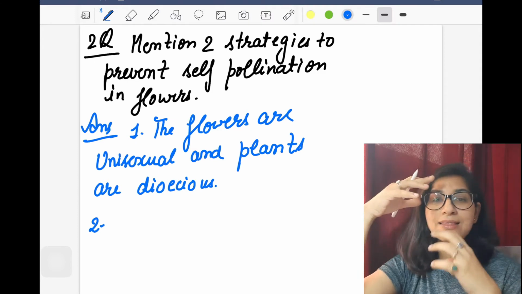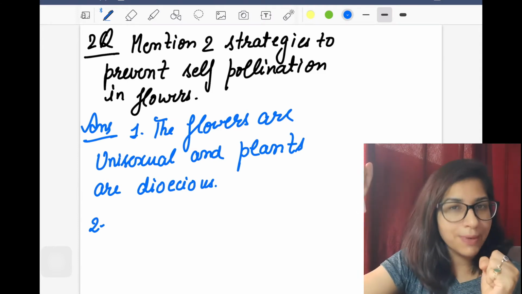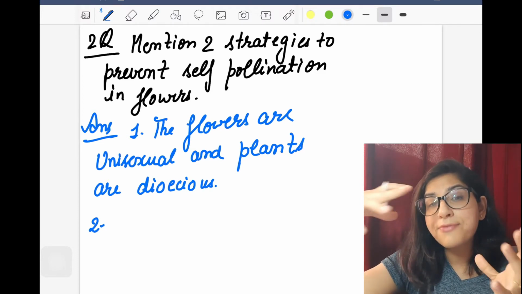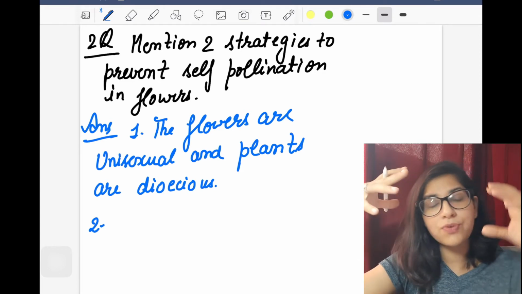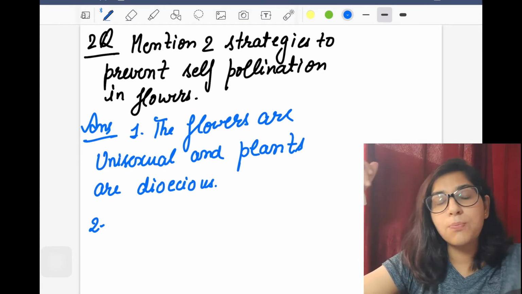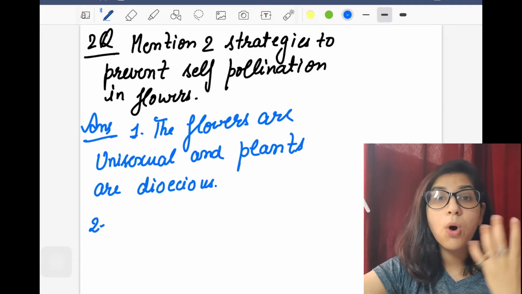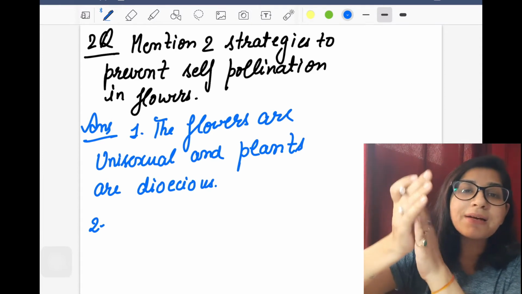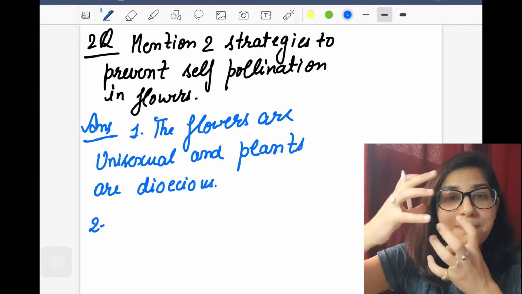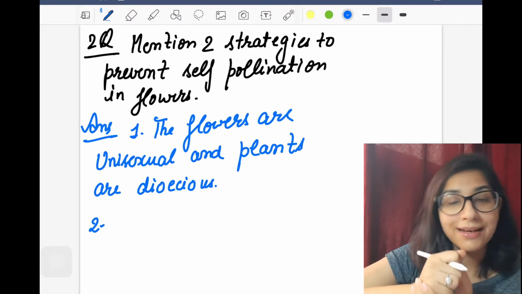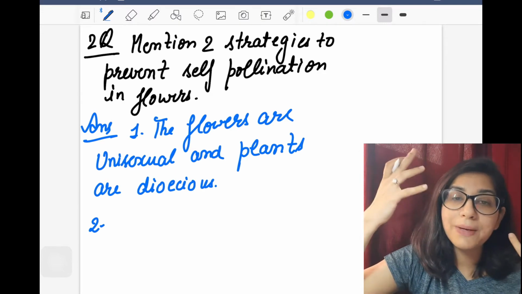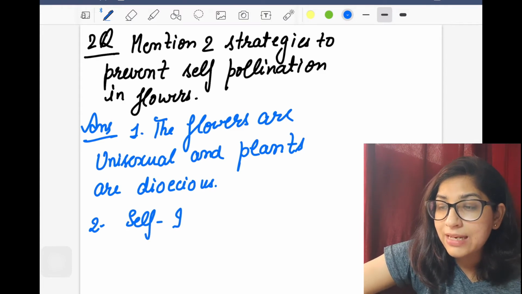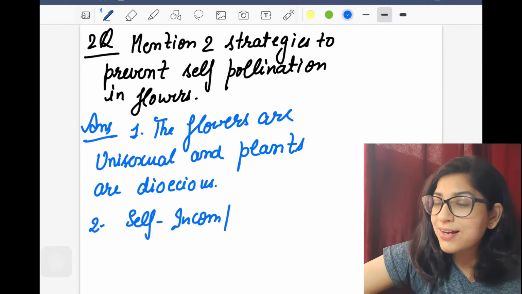Second, see, the anther has to reach the stigma. I told you very initially also that if there is no match between the maturation, suppose it is late, both are not maturing at the same time, or the anther which is released is not compatible with the stigma. Compatibility means that they do not match. If it is not compatible with the stigma, then there will be no self pollination, right? So self incompatibility, then it will wait for cross pollination.